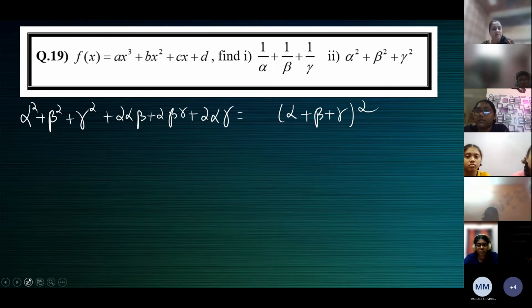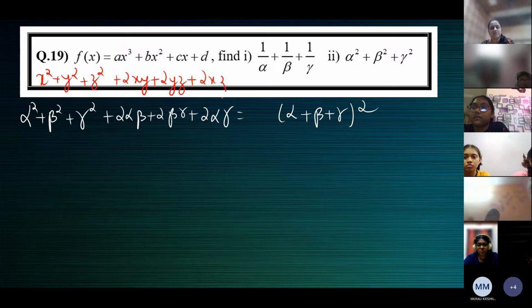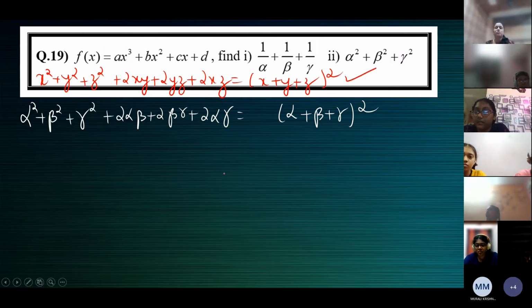The identity you've seen last year is x square plus y square plus z square plus 2xy plus 2yz plus 2xz is equal to x plus y plus z the whole square. We are using the same identity, but in place of x, y, z, we use alpha, beta, and gamma. I'm waiting for you to understand, that's all.